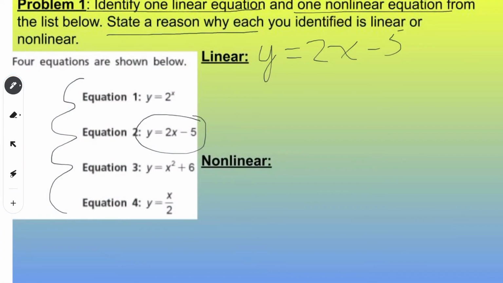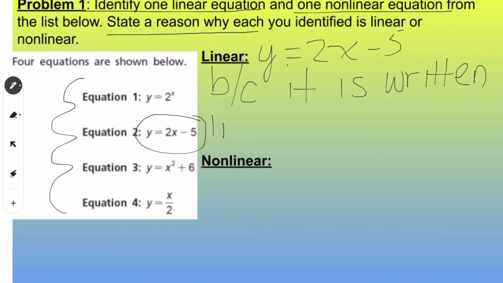So I'm going to use that to justify my answer. So y equals 2x minus 5 is linear because it is written in the form y equals mx plus b.